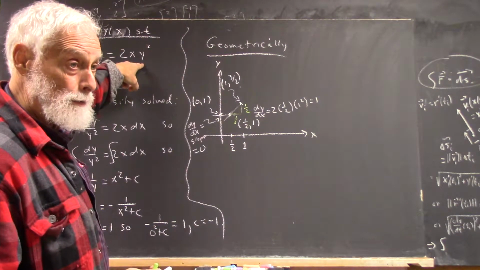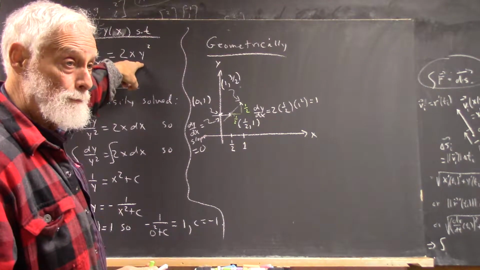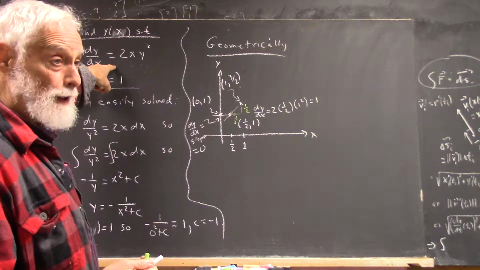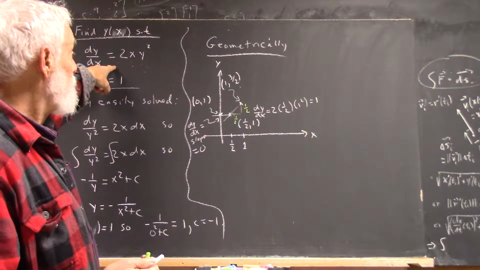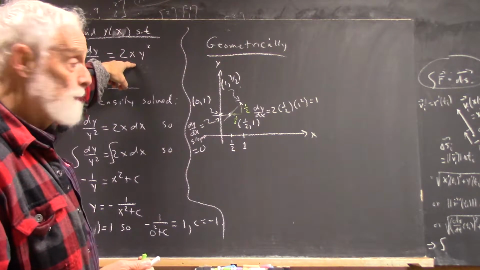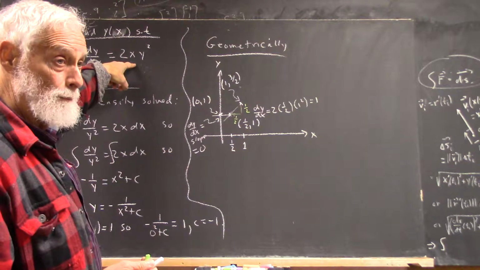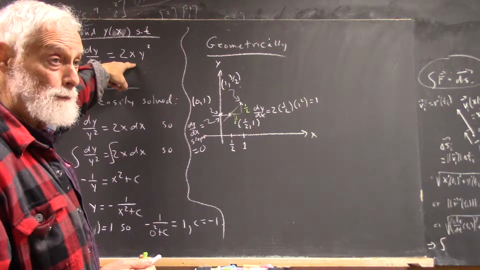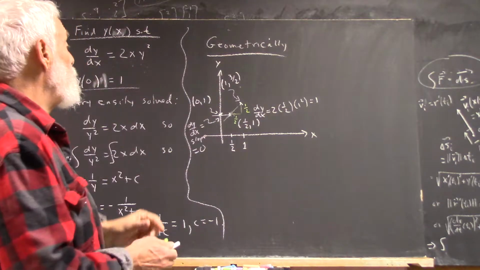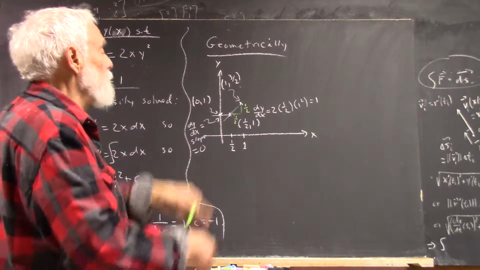We square 3/2, we get 9/4. Multiply that by 2, we get 9/2. And multiply that by x, which is now 1. We still have 9/2, right? Or 4.5. So the slope is increasing very rapidly.